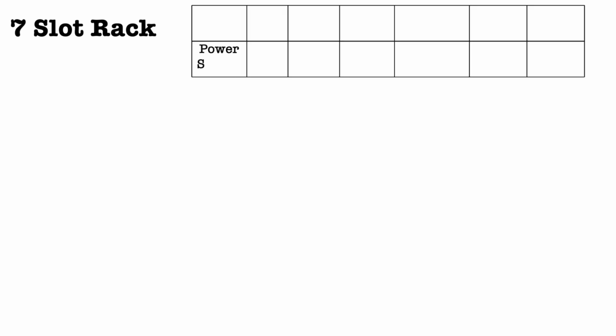Okay, let's take the next example of a 7-slot rack. Generally in the 7-slot rack, the first slot is designated to the power supply, the second is for the CPU.